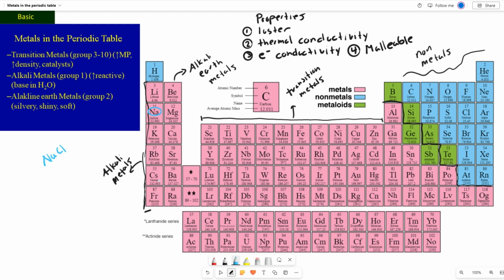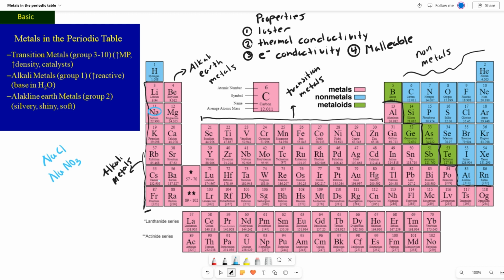And then sodium is also naturally found as sodium nitrate, NaNO3, and that is used for preserving meats. So back in the days before we had refrigerators, sodium was very widely used to preserve meats so that they would stay good for a much longer time.